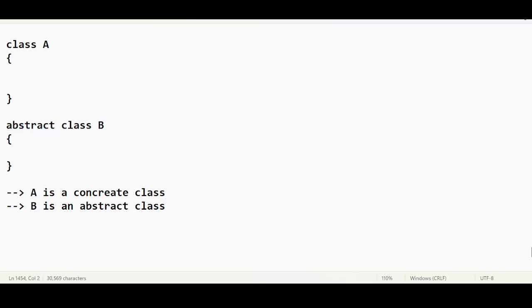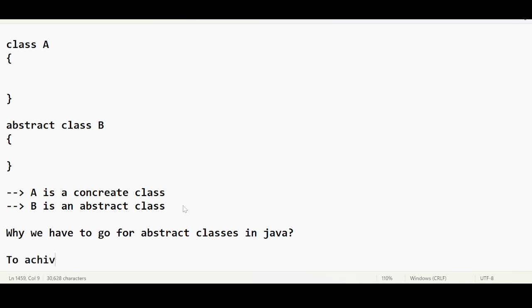Why do we have to go for abstract classes in Java? To achieve abstraction, one has to go for abstract classes.